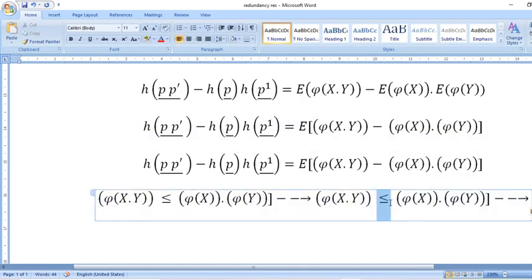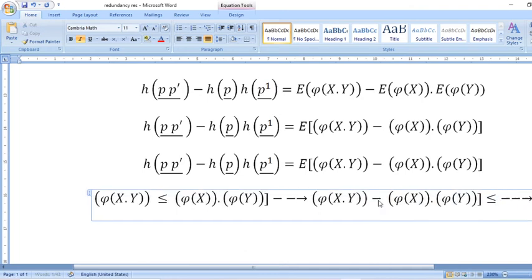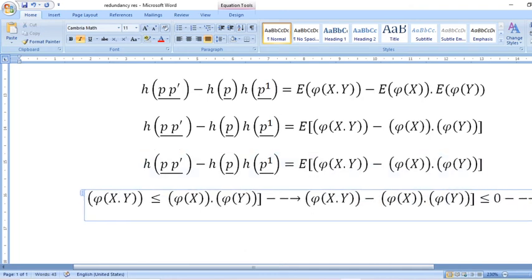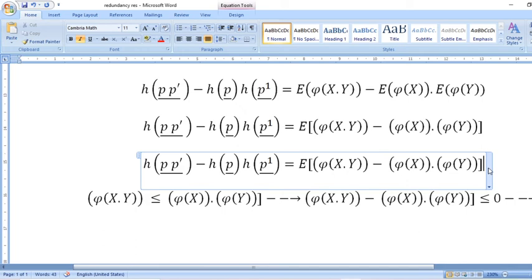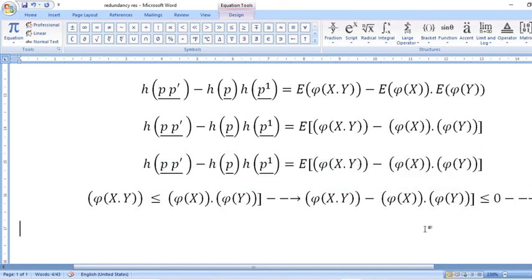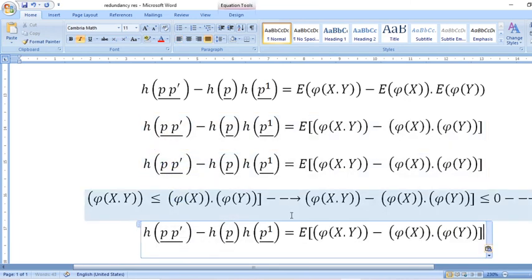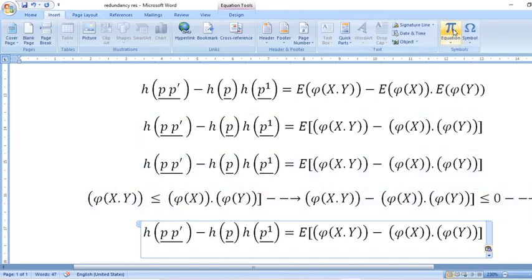This difference. This difference is less than 0. Okay. So we can substitute in this equation, so that we will get this difference less than or equal to 0.